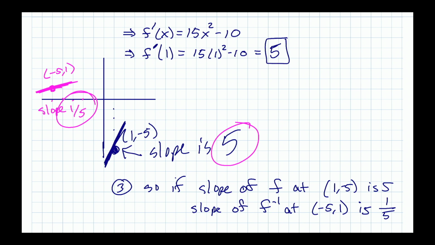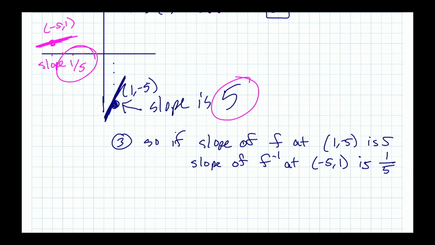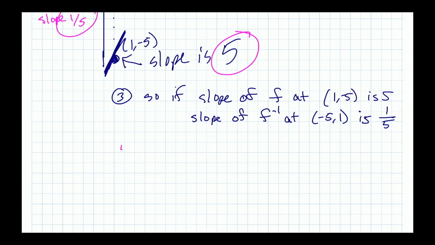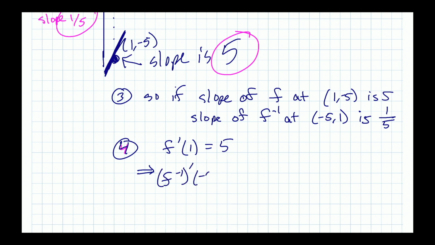So what does that mean? Here's a summary. We know that f prime at 1 is 5. That tells me that f inverse prime at negative 5 is 1/5.